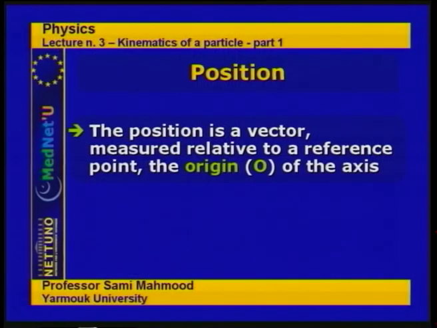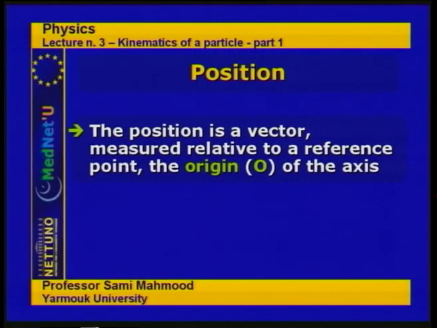How do we define the position of a particle? As we might think, we have to locate, first of all, a reference point, relative to which we can measure the position of the particle.